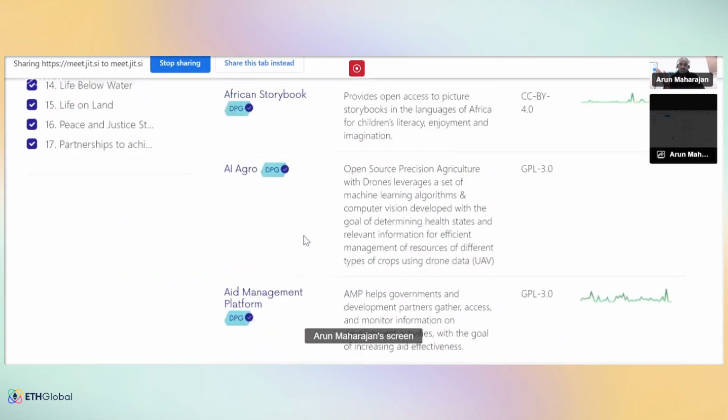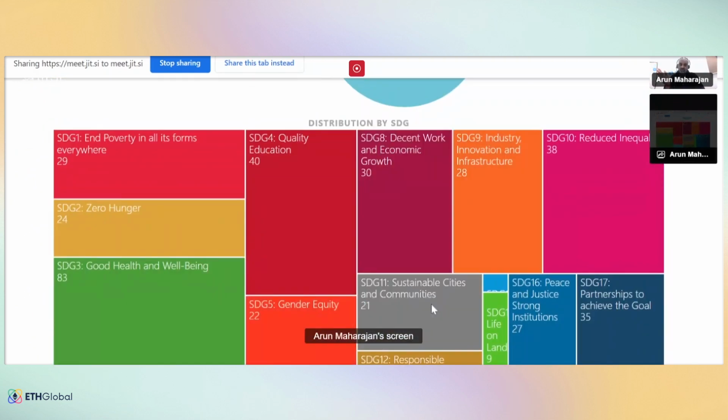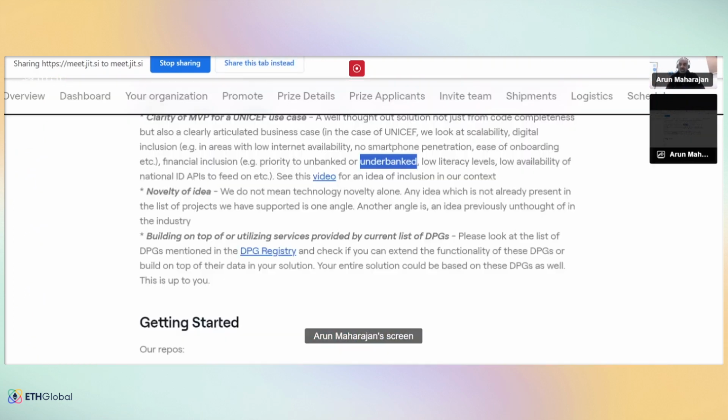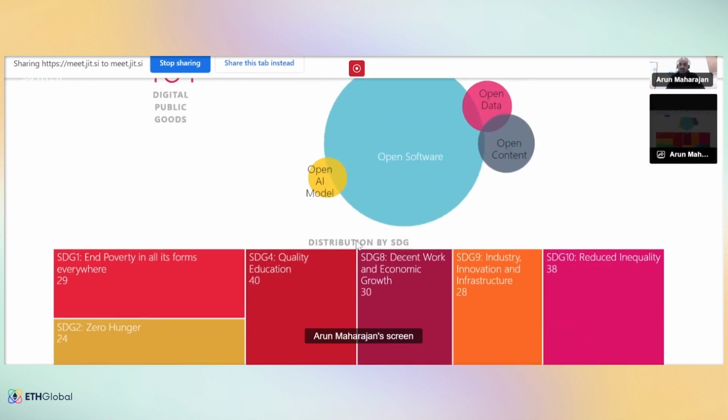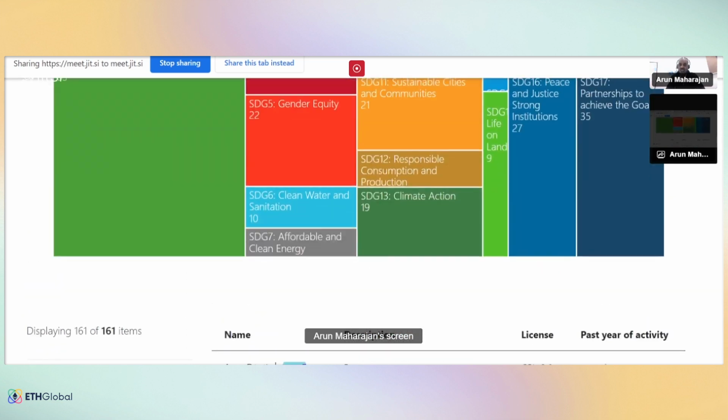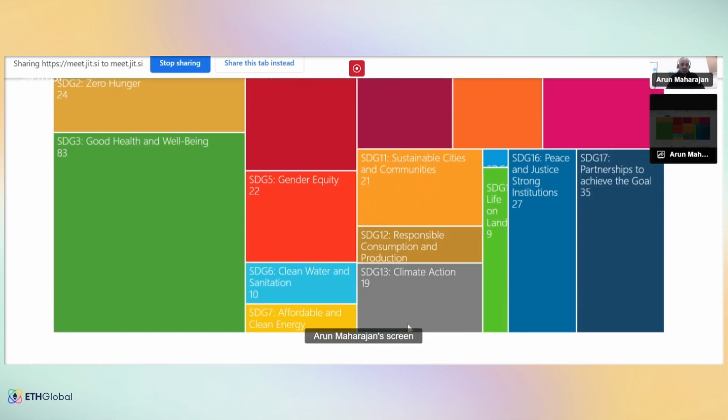There is a list of projects here which you can filter by SDG. So the idea here is, can you build on top of, or can you utilize the services provided by this current list of DPGs as mentioned in the DPG registry? If you're working on the climate problem statement, you can of course filter by that.